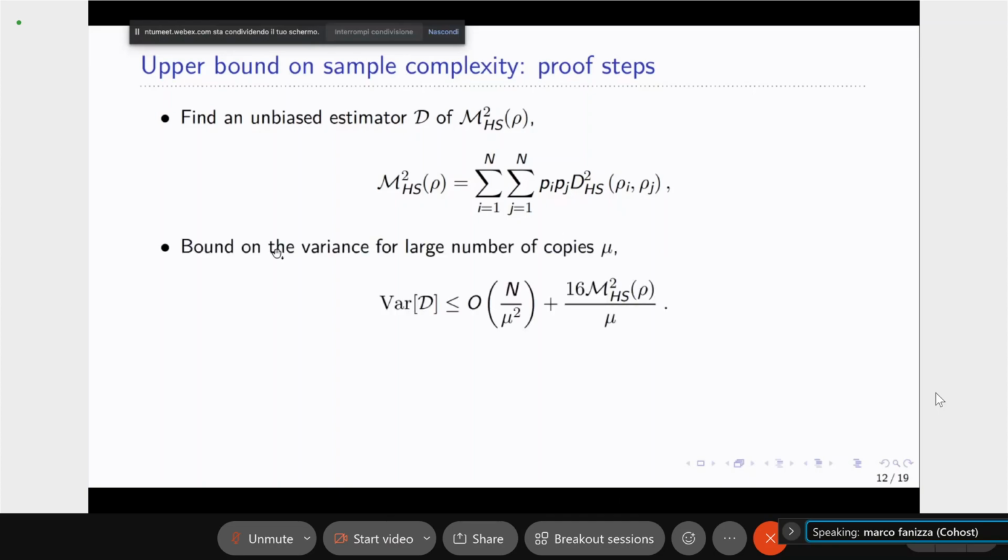We find a bound on the variance of this estimator for a large number of copies mu. I will explain in a moment why I will use mu and not m.